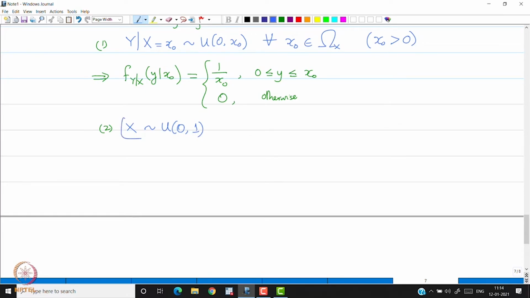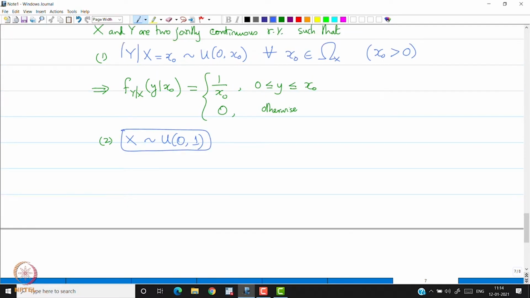Okay, so this is important. I'll just put a box around this. X is a uniform PDF between 0 and 1, and Y given X equal to x naught is uniform on 0 to x naught for any value taken by capital X. That is what this example is assuming.